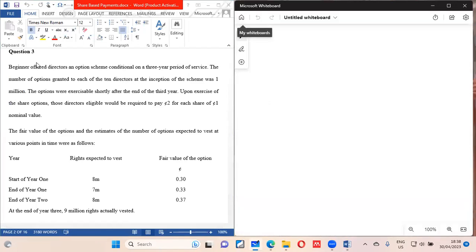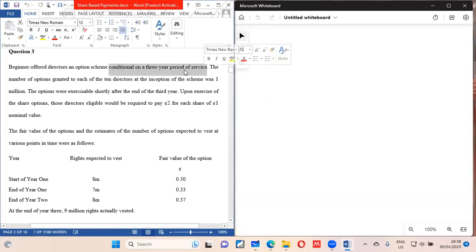The question told us that beginner offered directors an option scheme conditional on a 3-year service. So this is the service condition. It means you have to be there for 3 years to be able to earn your way into an equity. It was an option.